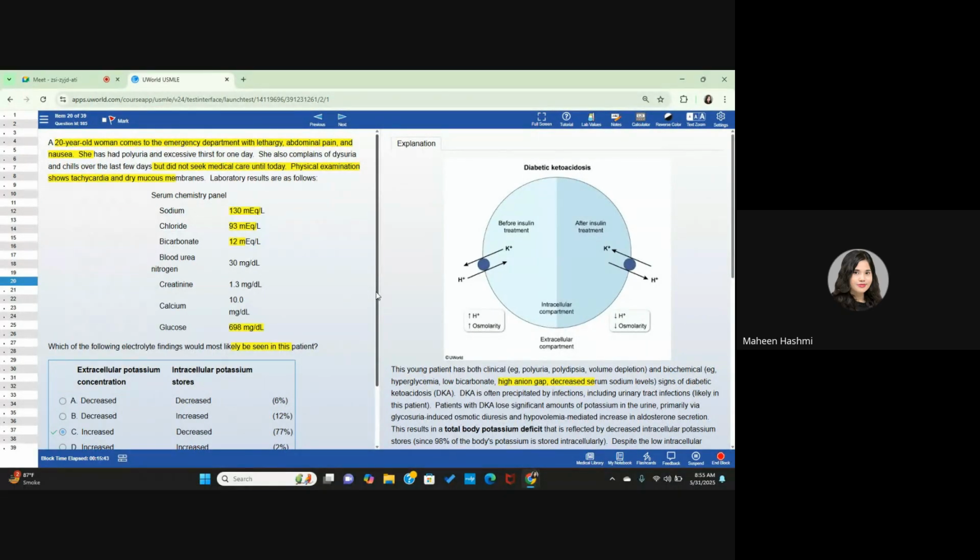The third thing I want you to focus on is electrolyte replacement. Like I said, potassium is severely low here, so you have to give potassium chloride in a patient who is severely hypokalemic. Otherwise, it's going to cause a lot of arrhythmias.